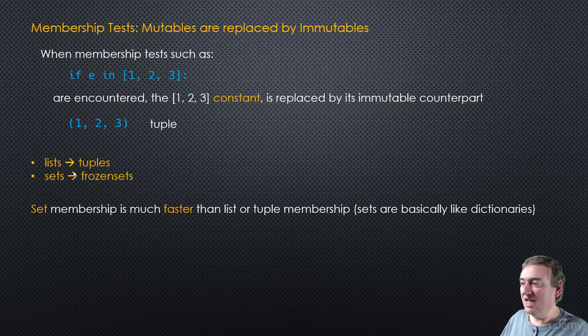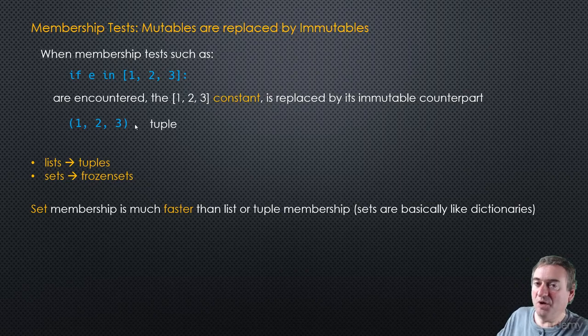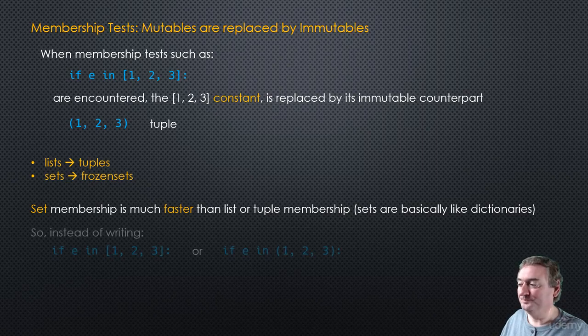If I want to see if e is in the set 1, 2, 3, if something is in the set, it's a dictionary lookup. But when it's in a list or a tuple, you essentially have to sequentially move through until you find what you're looking for or you don't find it. Okay, so it's much easier using hash maps than using lists for membership testing.